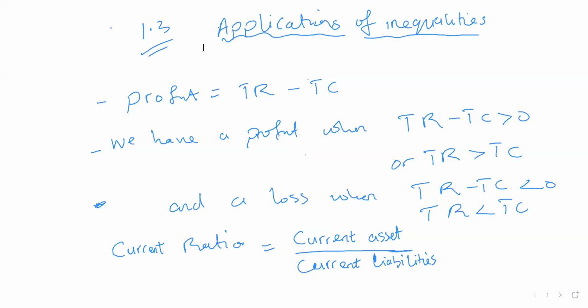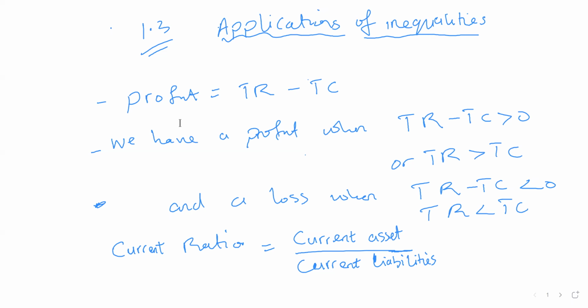So this is section 1.3, applications of inequalities. We just saw in section 1.2 how to solve linear inequalities and represent the answer in two ways. These inequalities are also applicable in solving real-world linear inequality problems, right?